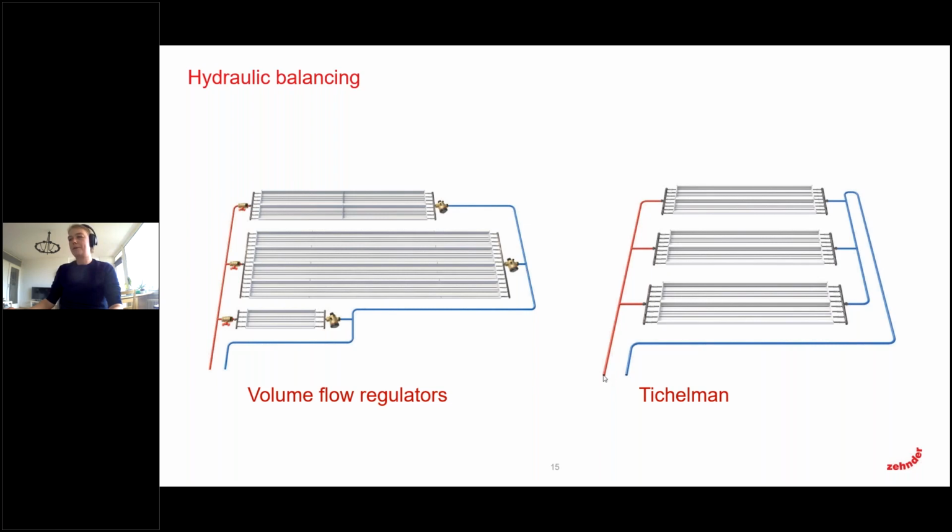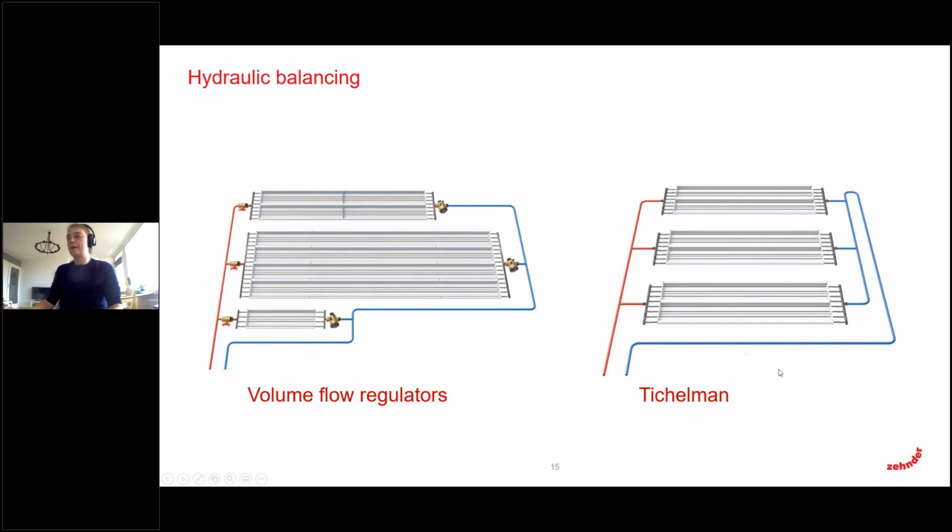So for example, if I would say my flow line is here, if it goes through the first panel, it goes through here, and it therefore has to have a longer return to come back. So both the upper panel as well as the lower one have the exact same pressure drop in the end.